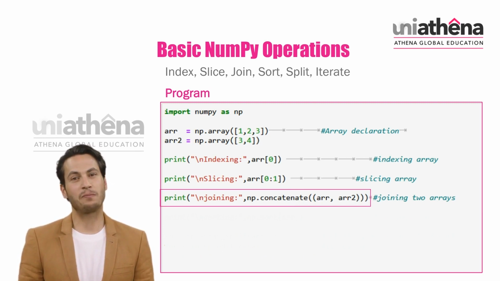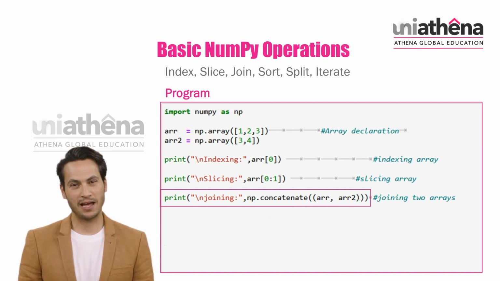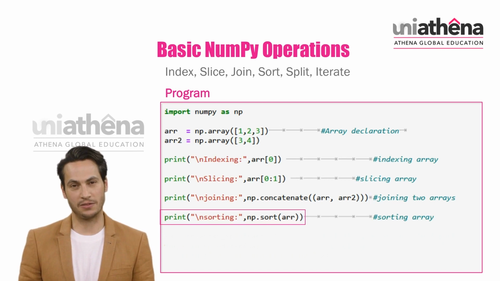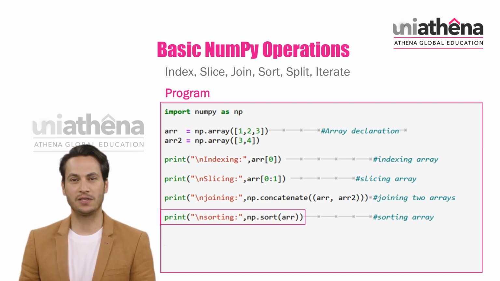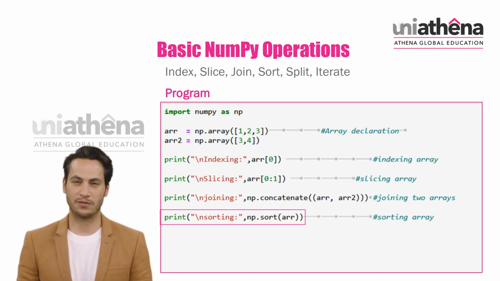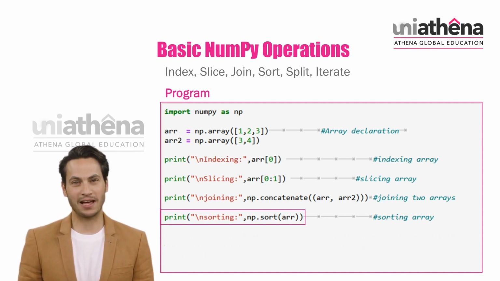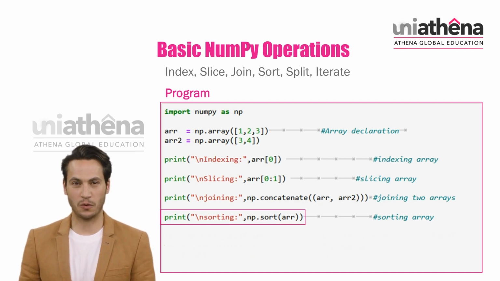To do this, write np.concatenate, with array names separated by comma in between two brackets. If you need to sort the array into ascending or descending order, you can use the sort function. You just have to type np.sort, array name in between brackets. By default, sorting will be in ascending order.